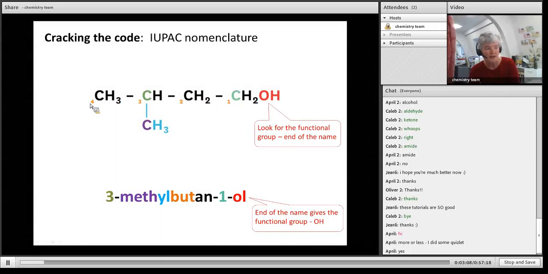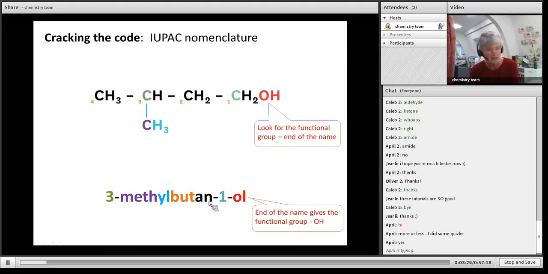The part over here tells you whether there are any carbon-carbon single bonds, double bonds, or triple bonds. So if it's only carbon-carbon single bonds, it's AN. If it's double bonds, you'll have EN for the double bond. And if it's a triple bond, which you don't do at level 3, then it would be YN. Okay, so that's what that code bit there does.